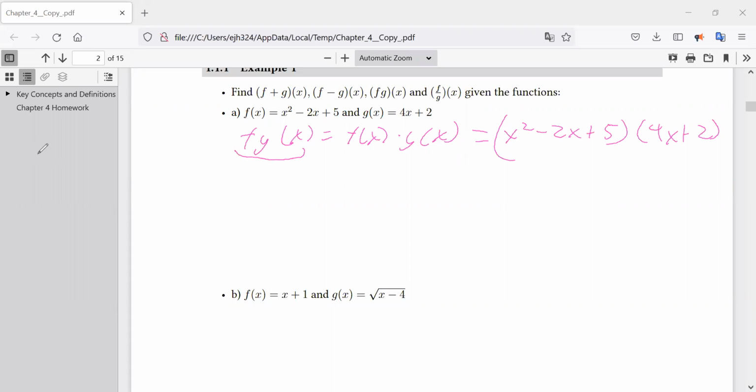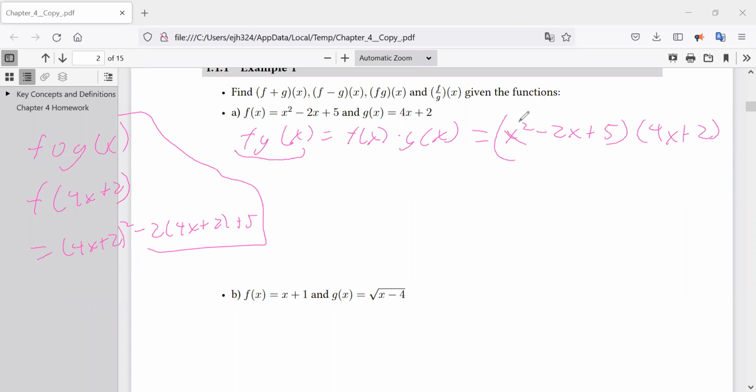We'll cover that with the f composed of g, or f of g of x, in a minute, and that has this notation. But that's basically plugging g of x into f of x. So that gives us f of 4x plus 2, and that's going to be equal to 4x plus 2 squared minus 2 times 4x plus 2 plus 5, and then do that out and simplify. But that composition is a different thing. But good question.